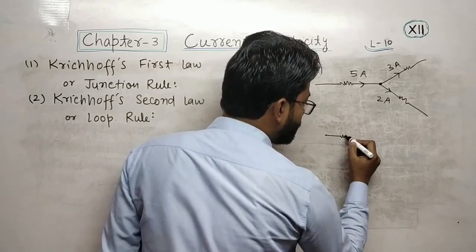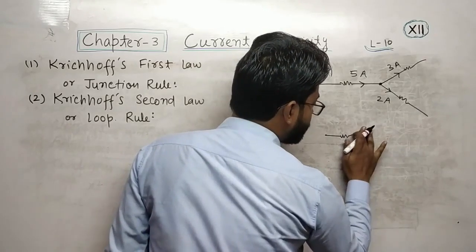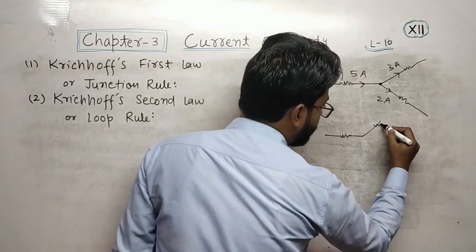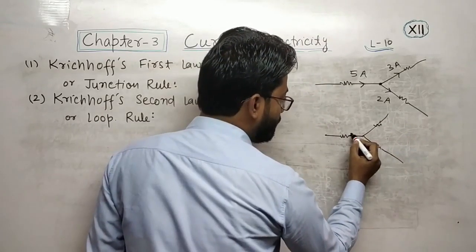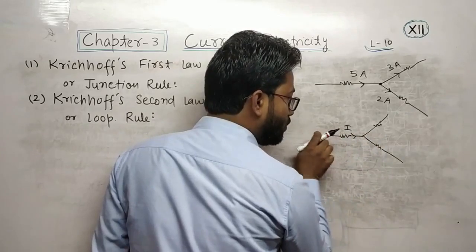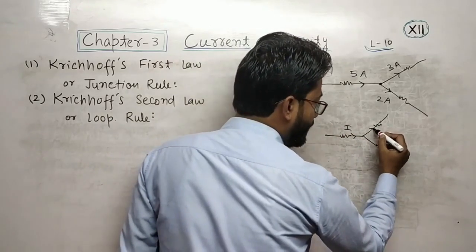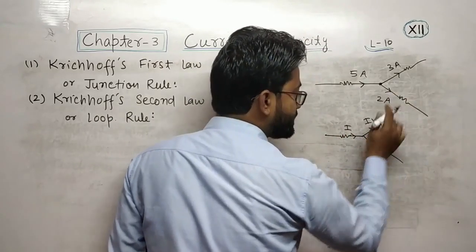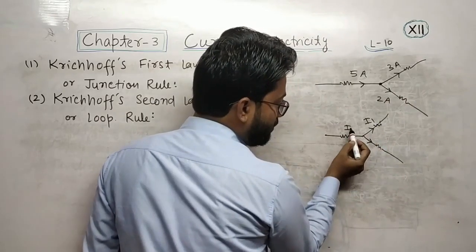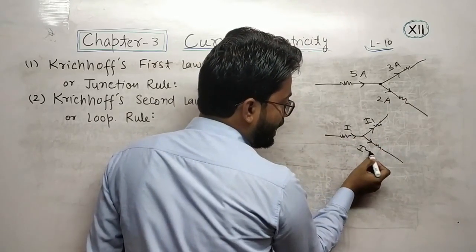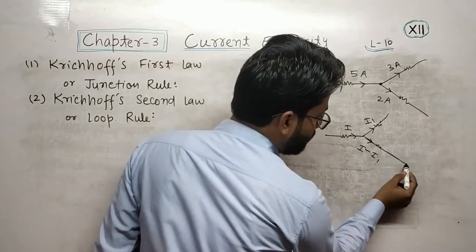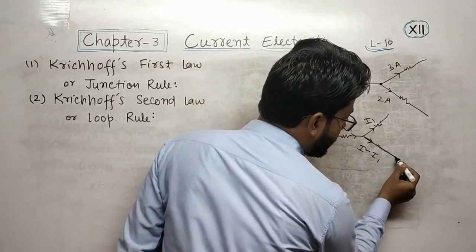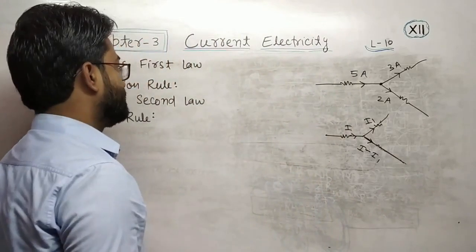In a general way, if there are three resistors and I is coming in, if I1 is going in this direction, the rest amount of the current, I minus I1, will flow in this resistor.